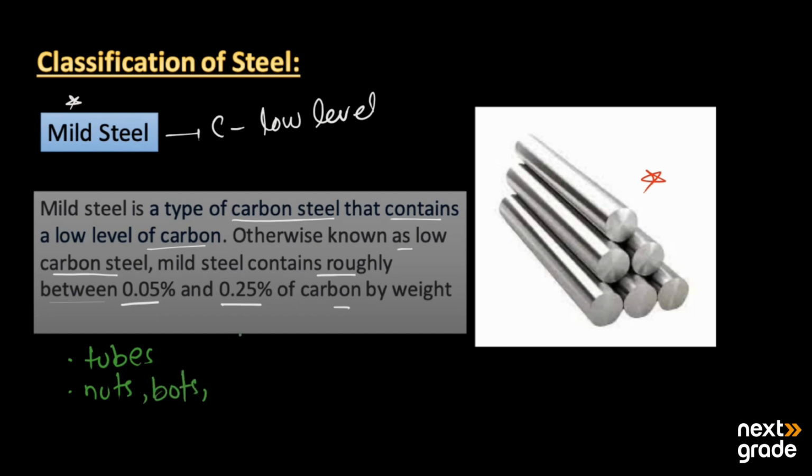It is also used in making different types of bars, as well as boiler plates used where the temperature is very high. That means it can bear a high temperature as well.